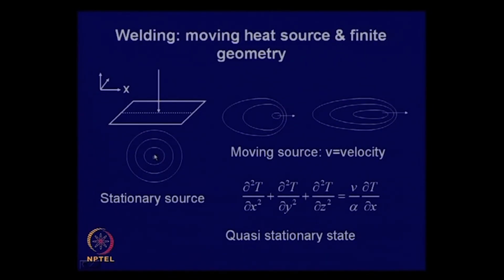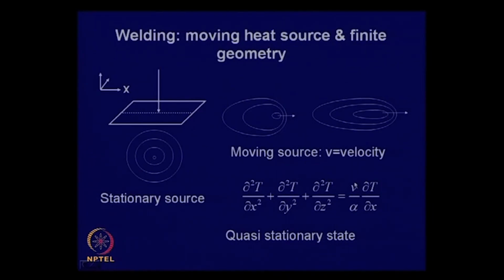Now, suppose we continue to move it. Then this will get distorted, something like this. In fact, it is possible to show easily, if this velocity is v, that for a quasi-stationary state at a particular time, if we want to find the temperature contour, we can take it to be quasi-stationary and ignore the time part.